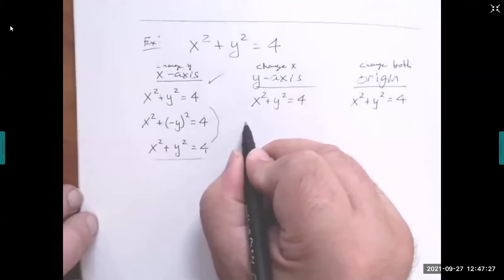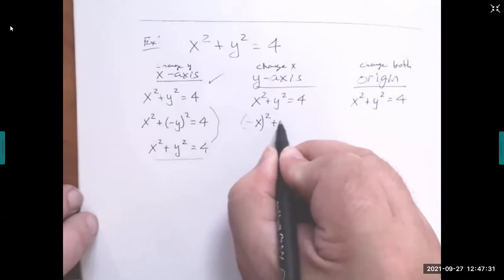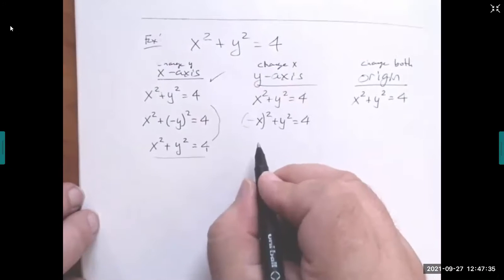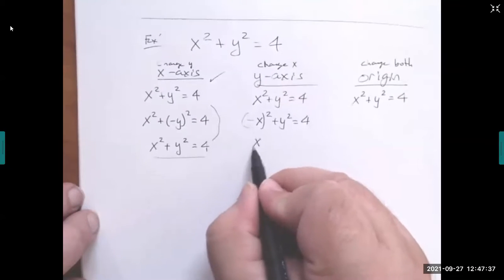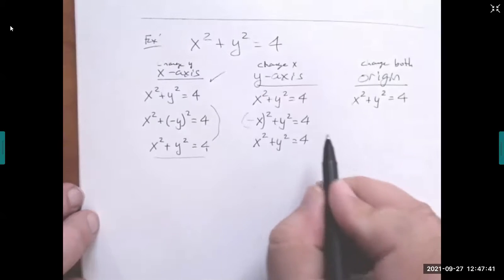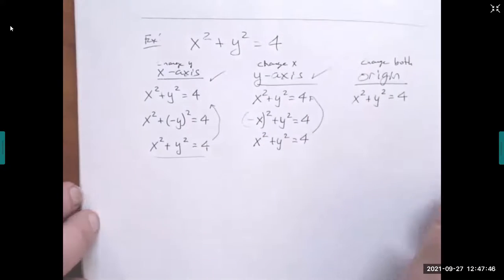Try the y-axis now. Change x from positive x to negative x. Negative x squared is x squared. They look the same. So it's symmetric across the y-axis also.